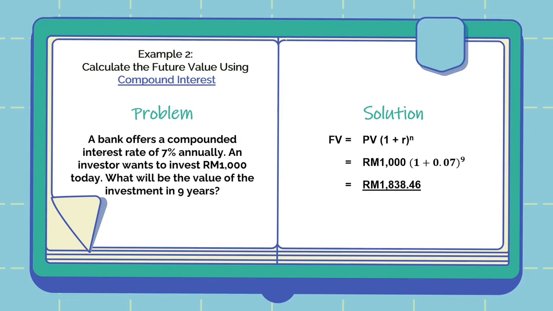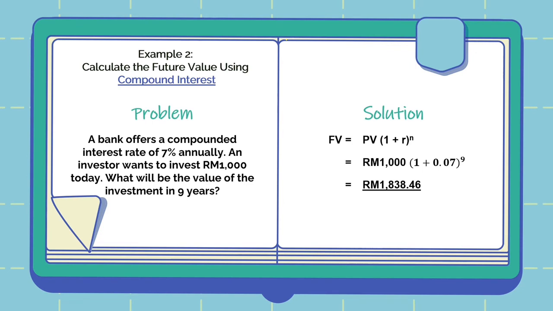Example 2. Calculate future value using compound interest. A bank offers a compounded interest rate of 7% annually. An investor wants to invest RM1000 today. What will be the value of the investment in 9 years? So, to calculate the value of the investment, the future value formula using compound interest should be used.